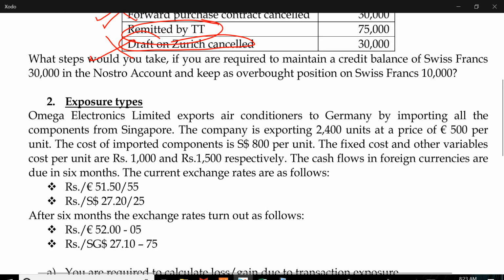Next point. The bank wants an overbought position of Swiss franc 10,000.